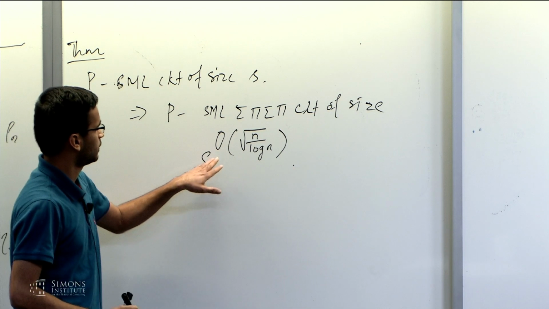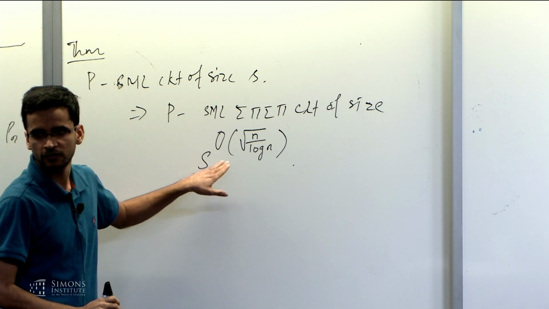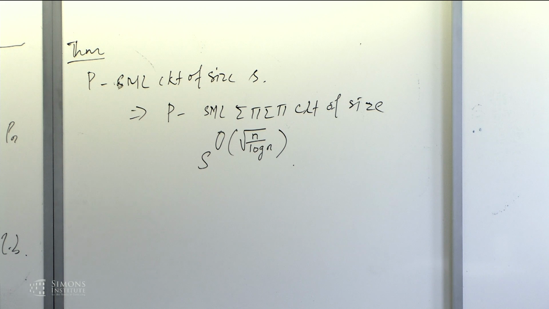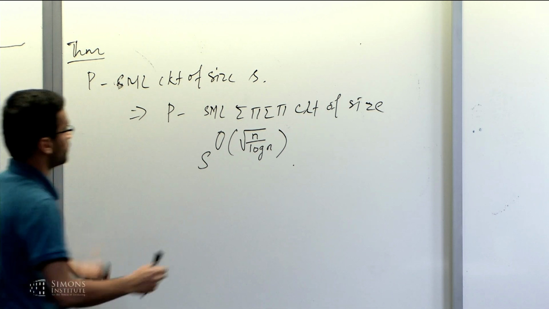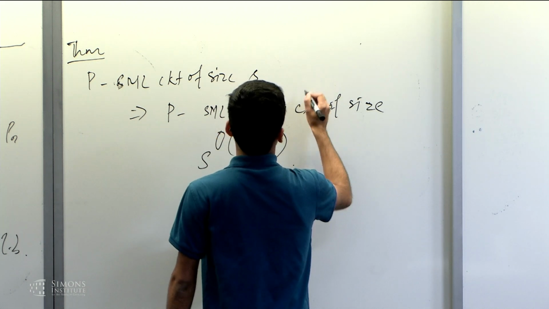So you should think of S as poly n. So this is n to the root of n over log n. Here n is the number of variables.